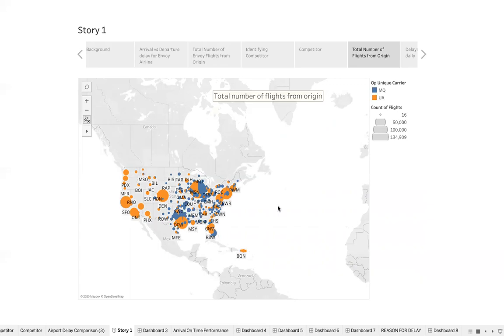Here the size represents the number of flights, and we can see that blue represents United Airlines and orange represents Envoy Air. And Envoy Air is spread out through the west coast as well as the east coast, but United Airlines is operating majorly in the Chicago and the Dallas area.